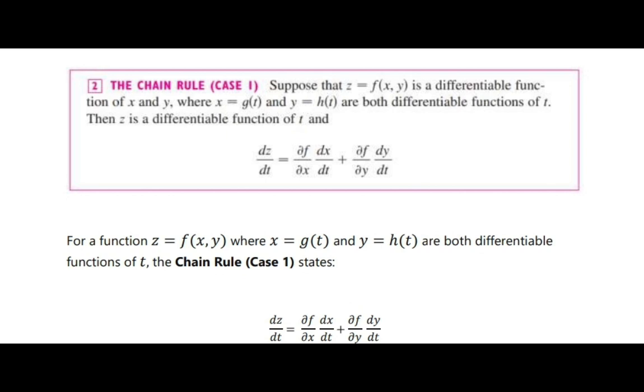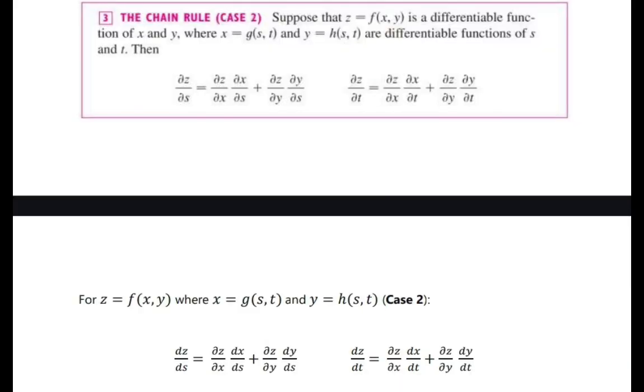So for a function z equal to f of x, y, where x is equal to g of t and y is equal to h of t are both differentiable, that is what the chain rule case 1 means. Now we have the chain rule case 2. Suppose that z is equal to f of x, y is a differentiable function of x and y, where x is equal to g of s and t and y is equal to h of s and t are differentiable functions of s and t.